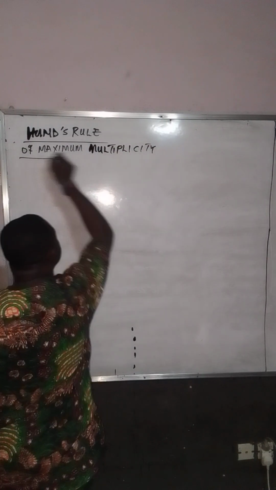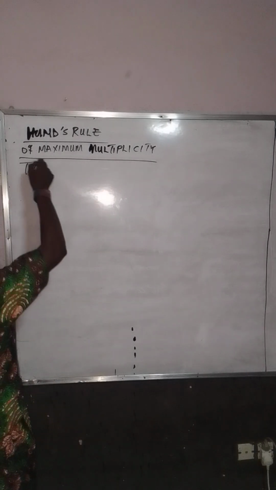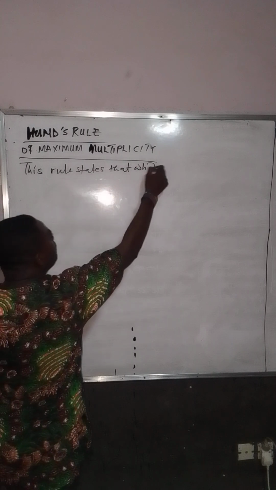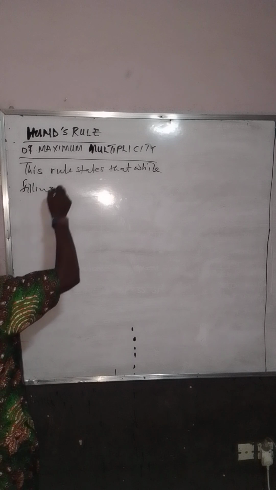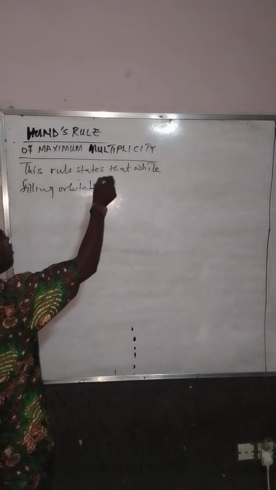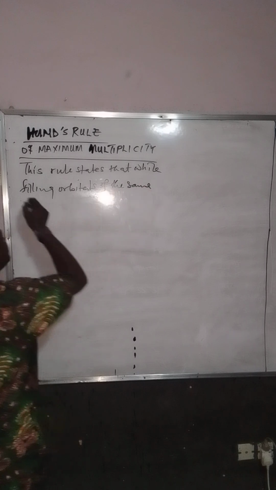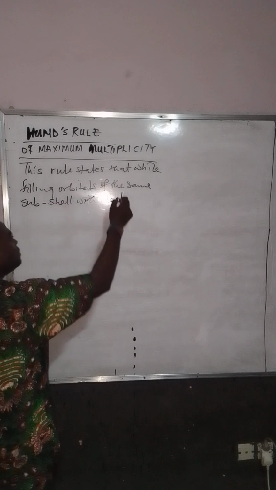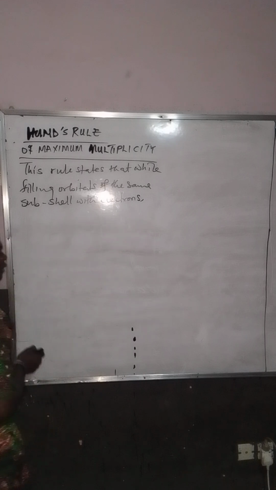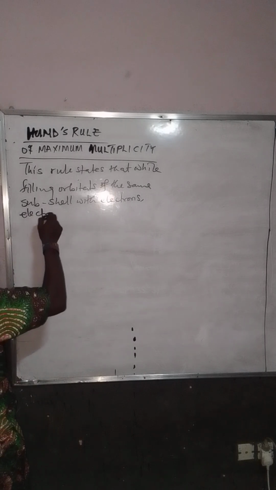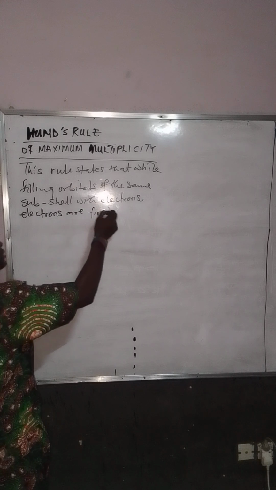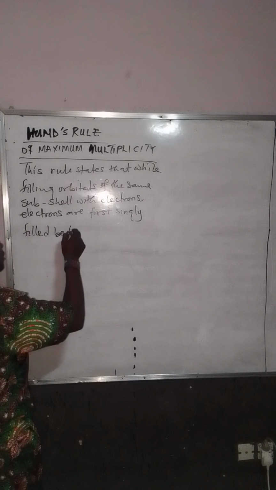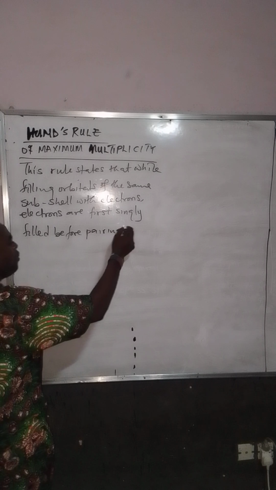What does this law state? This rule states that while filling orbitals of the same subshell with electrons, electrons are first singly filled before pairing occurs.